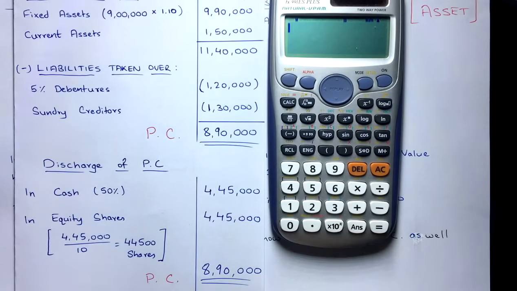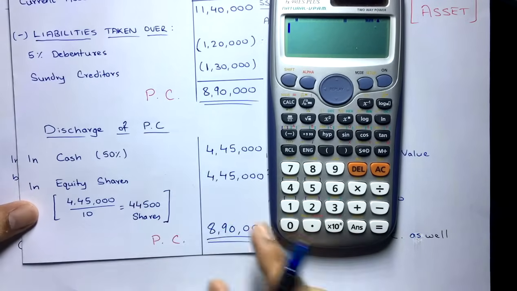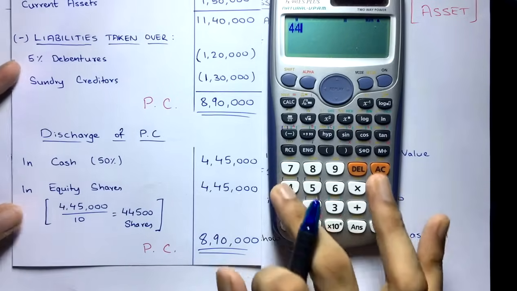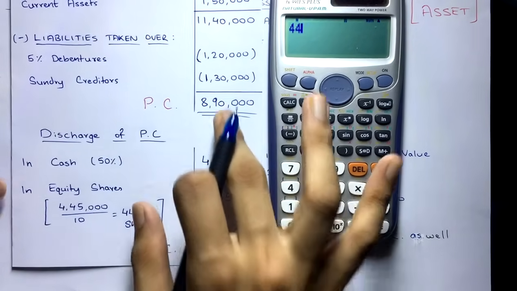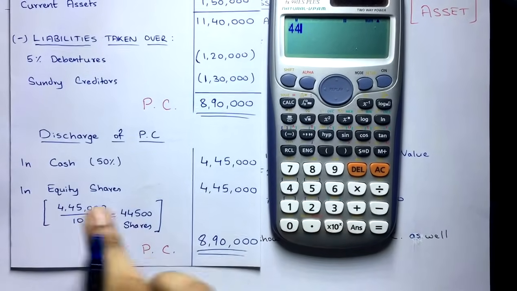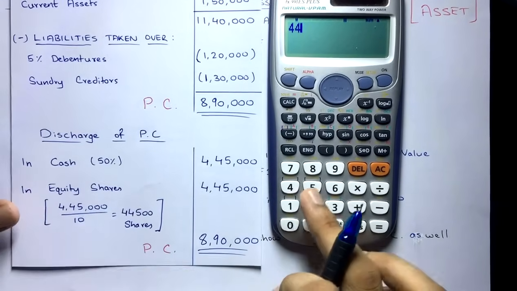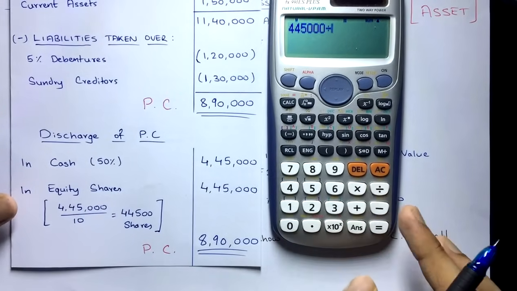Simple. But if they ask in the question how many shares would be issued, then simple. Take that amount, 4,45,000. Now you understood, right? How did we get this 4,45,000? Simple, 50% of 8,90,000. But if they ask how many equity shares would be issued, then take that amount, 4,45,000, divided by the face value.